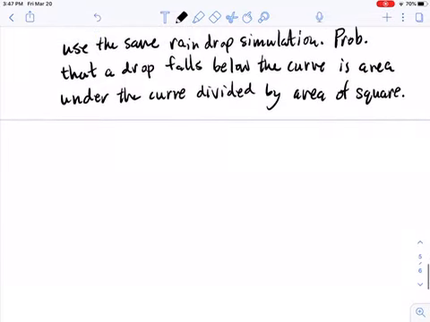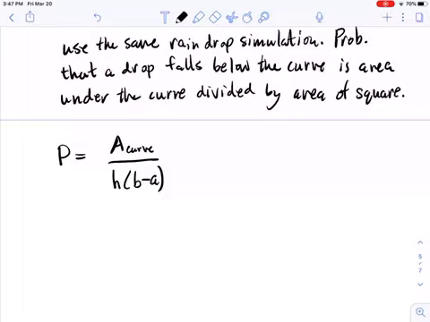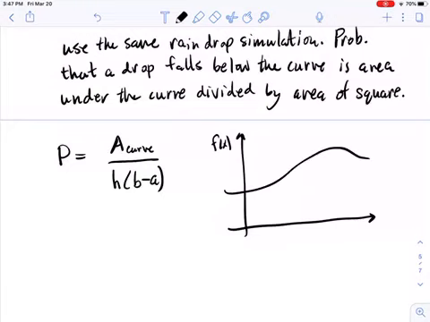But in general, what we would say is that the probability is the area under the curve divided by h times the range. And so what does that mean? Let's suppose we had some other function and it looks like this, okay? It doesn't matter what it looks like.